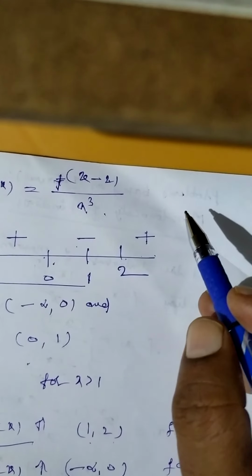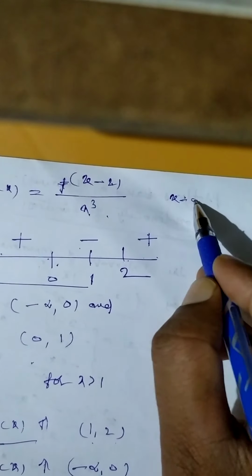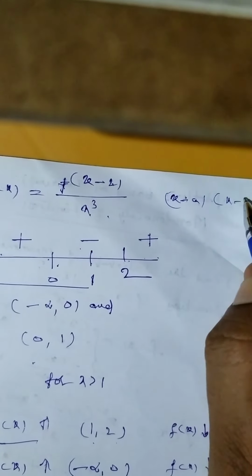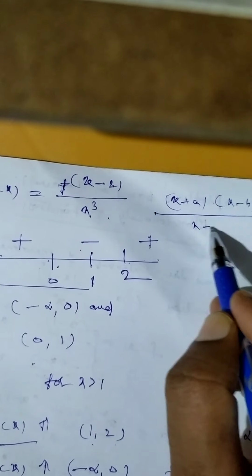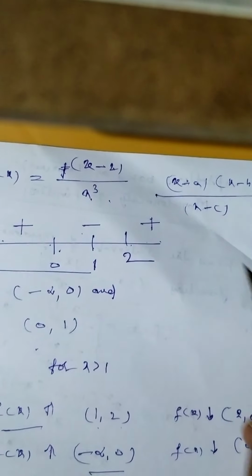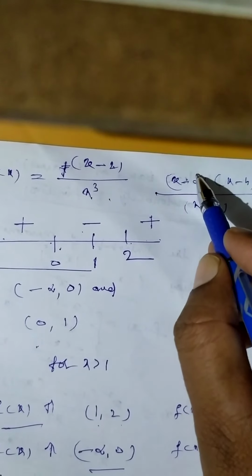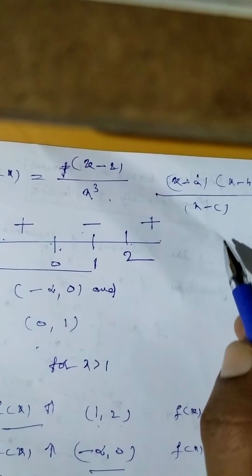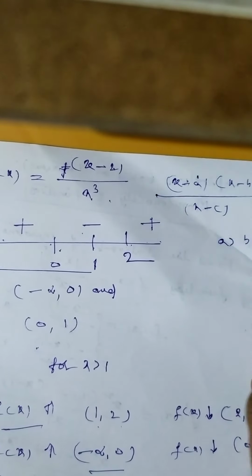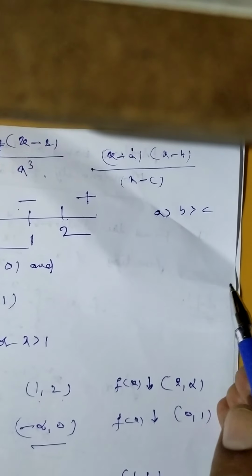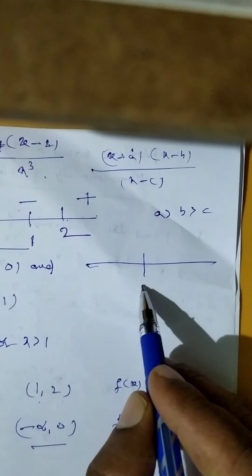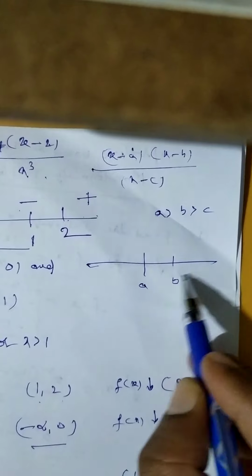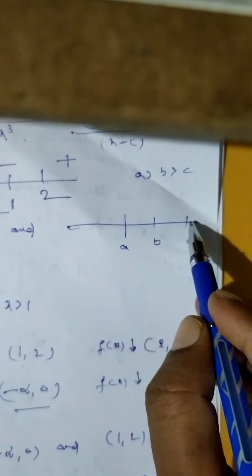When the function is in the form of x minus a into x minus b by x minus c, suppose a is greater than b greater than c, and a, b, c are the roots on the number line.